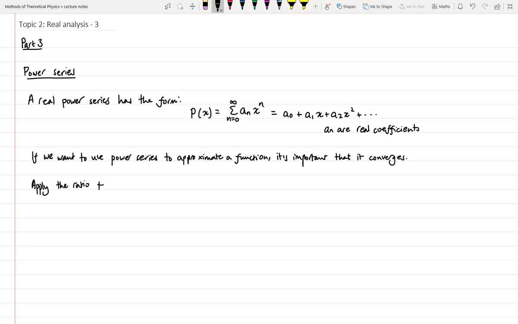So apply the ratio test. The ratio test tells us to take the limit, as n tends to infinity, of the ratio of the n plus 1th and the nth terms in our series. In this case, the n plus 1th term is given by a_(n+1) times x to the n plus 1, and we divide that by the nth term.